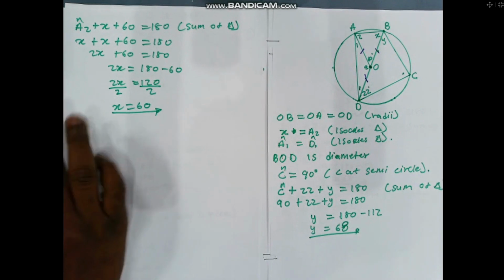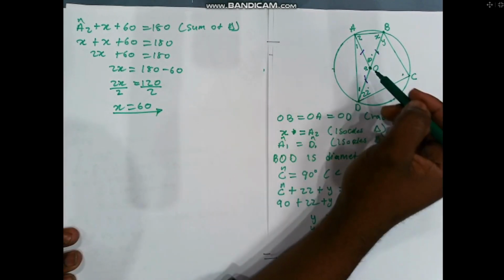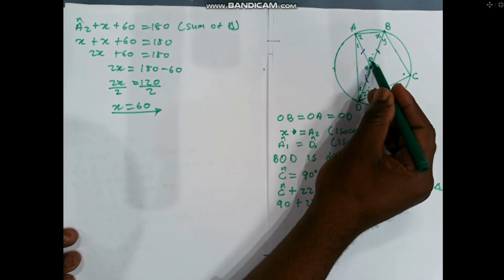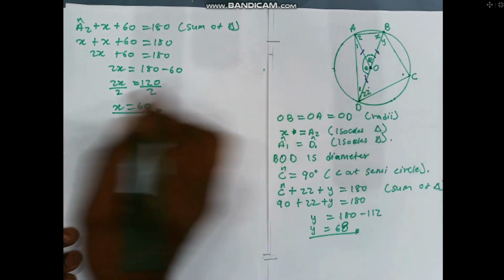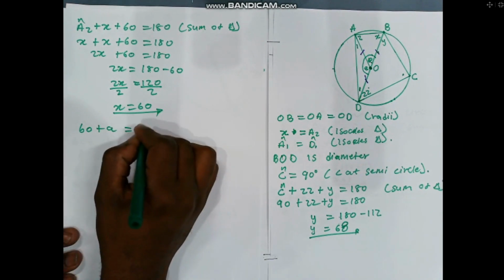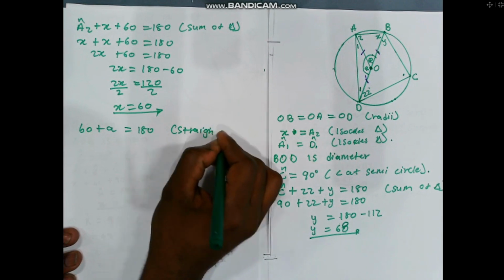From our statement, from what we collected from our data, A and this end here, it's just a straight line, this one. So we can just say 60 plus A is equal to 180, angles on a straight line.